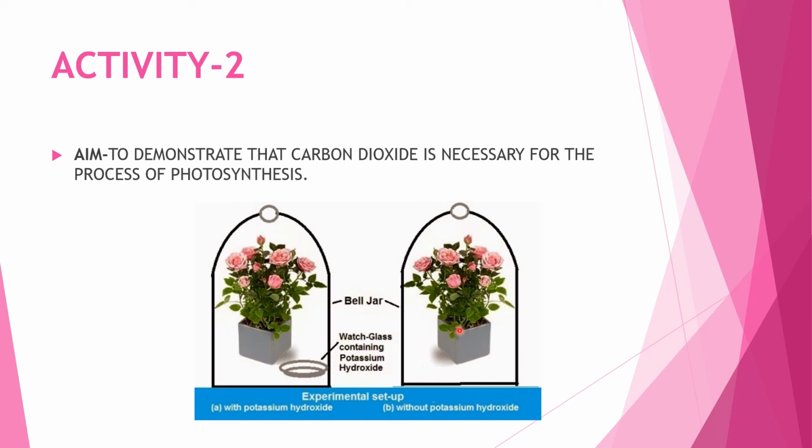But if we pluck that leaf from the other plant, boil in alcohol and then put the iodine, you will get a positive test, that is a blue black, because photosynthesis takes place in the second part where no potassium hydroxide is there, whereas it is negative in plant A where the potassium hydroxide is present, because potassium hydroxide absorbs all the CO2 present in the bell jar, and without CO2 the plant cannot synthesize starch, meaning no photosynthesis takes place.